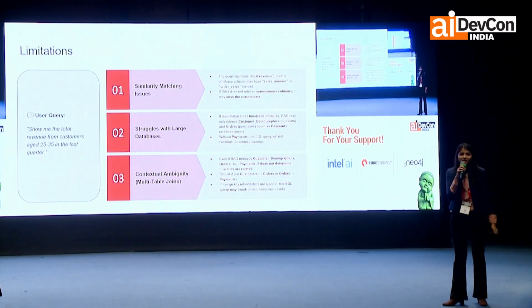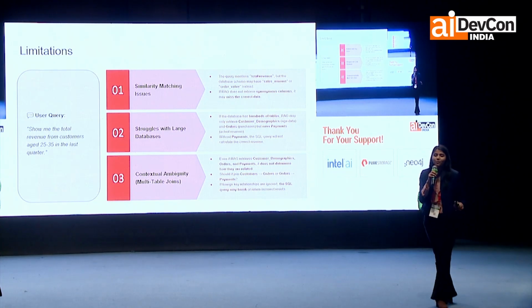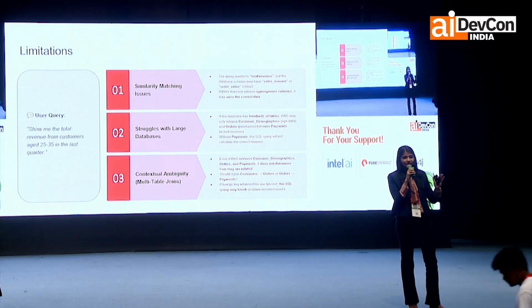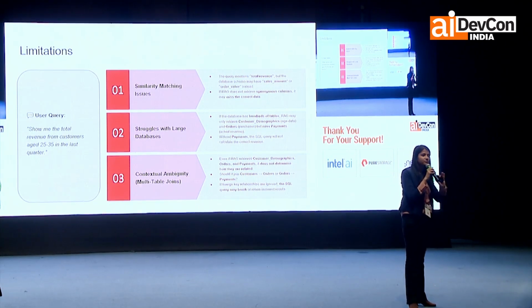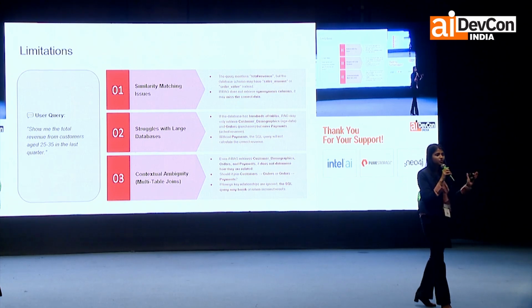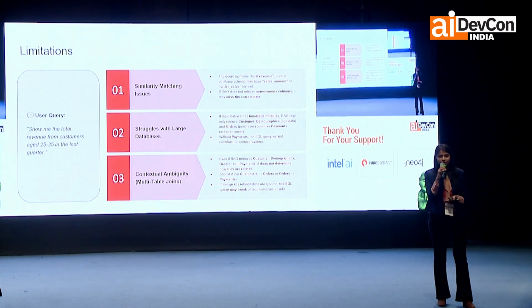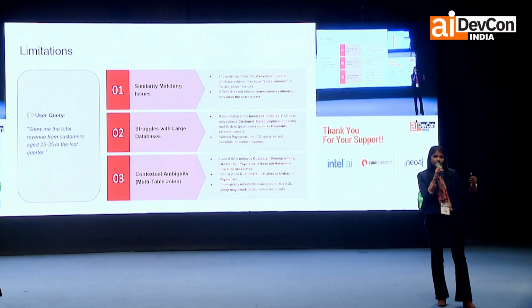So let's understand the problem using an example. I have a furniture store company, and I am storing my structured data in a relational database. I have a huge database. Out of it, there are some tables like customer, where I'm storing customer demographic information. I have a table orders, where I'm storing what the customer has ordered, what products, and how many units of those products.